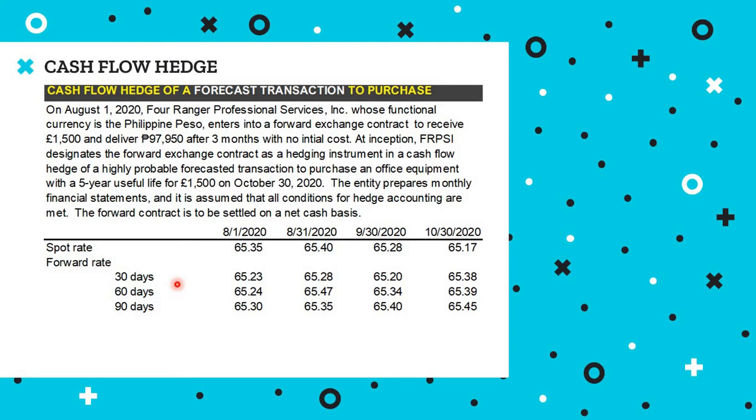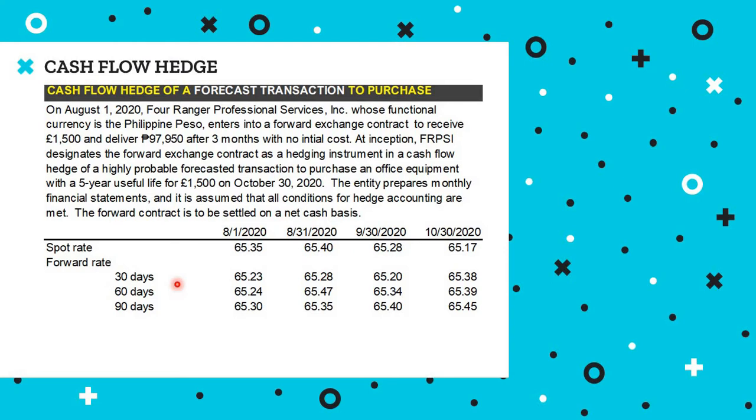So, tayo daw ay nagkaroon ng forward contract. At sabi, sa forward contract daw is to receive 1,500 British pounds. At tayo ay magdi-deliver ng 97,950 pesos. Ibig sabihin, this is a forward contract to purchase. Ano ang bibilhin natin? 1,500 British pounds. At ang ibabayad natin is 97,950. Ito yung ating fixed price na ibabayad kasi i-deliver daw siya. So, kung ito ay fixed price na ibabayad natin, ibig sabihin, naka-fix na ang ating outflow at 97,950 pesos.